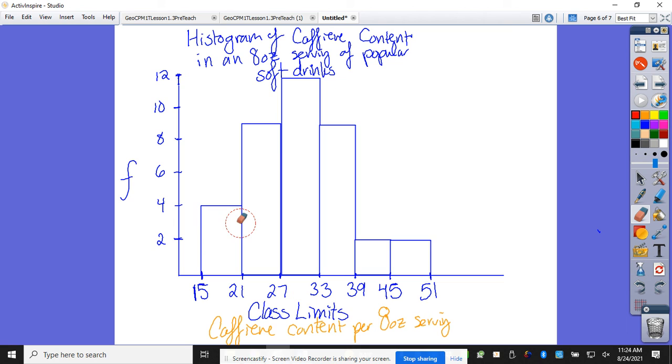Let's go with, I want you to do everything we just did with this one. It tells you the IQ scores of 60 fifth grade students, so tell me how many there are. I want you to do 7 classes. So I want you to go through the whole process of making the chart with the class limits, tally, frequency, go ahead and practice cumulative frequency, and then make the histogram.